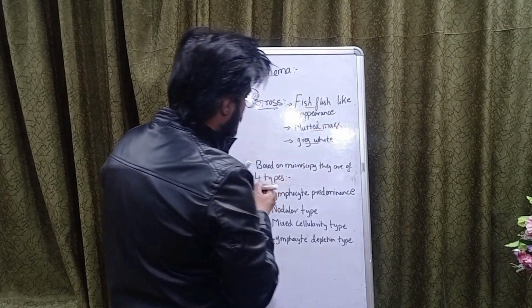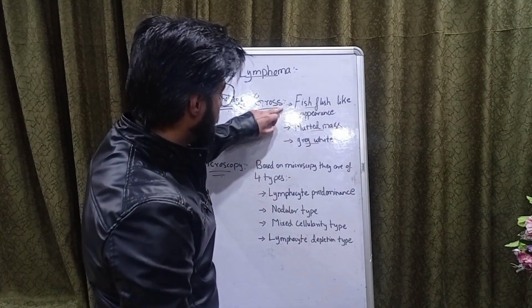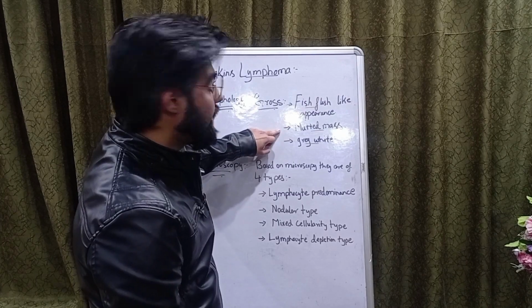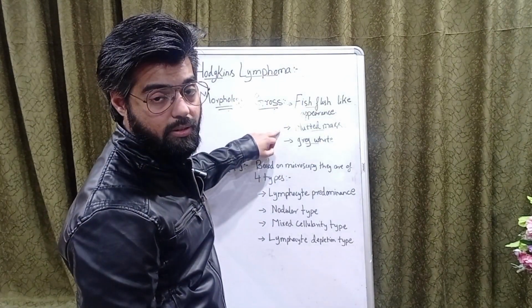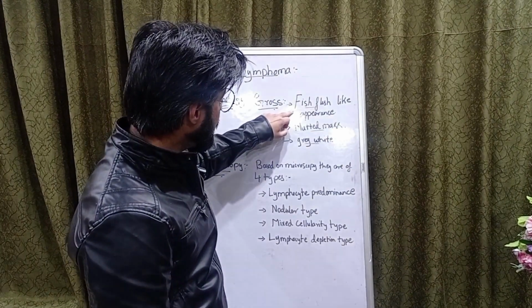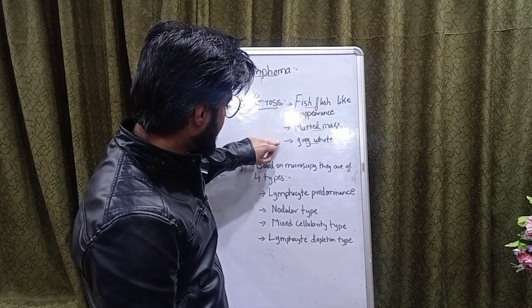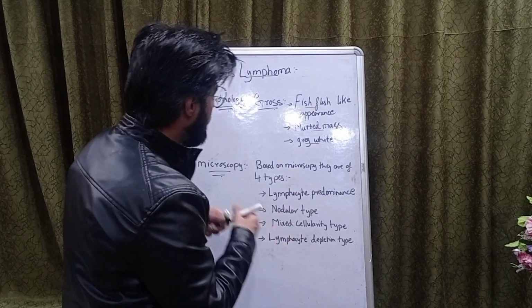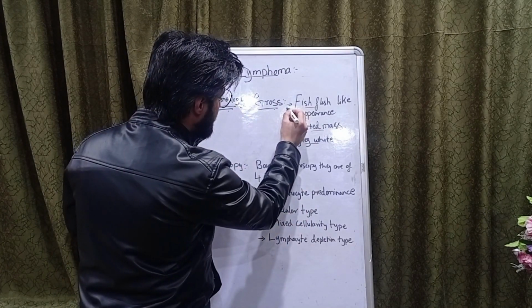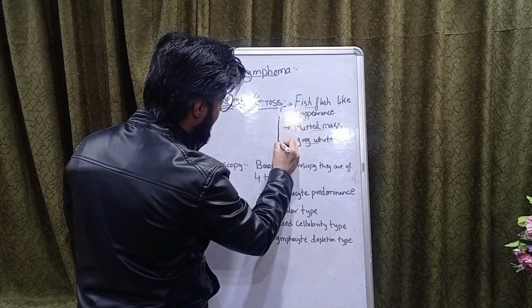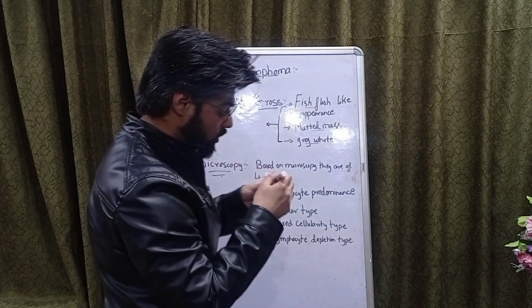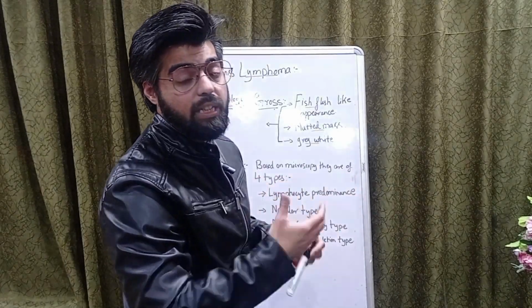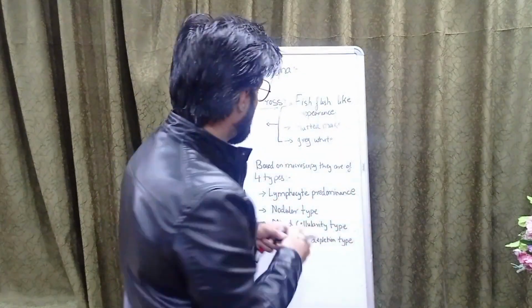But what will have the fish flesh like appearance, be gray white, and form a matted mass? There lies the question. The fish flesh like appearance and the gray white will be of the lymph nodes of those sites which are extranodal, that will involve some other organ's lymph nodes.